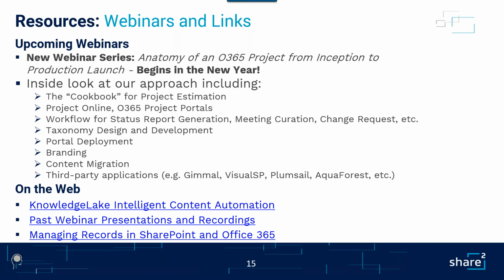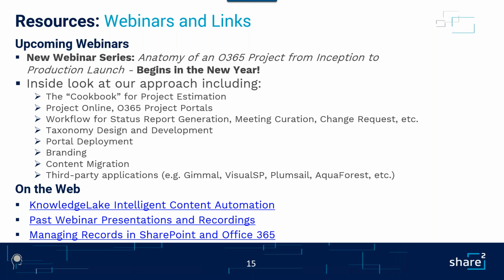We'll get into how you can customize the branding in Office 365. We'll talk about content migration, planning, ROT analysis, removing the redundant, obsolete, and trivial content, and migration strategies.